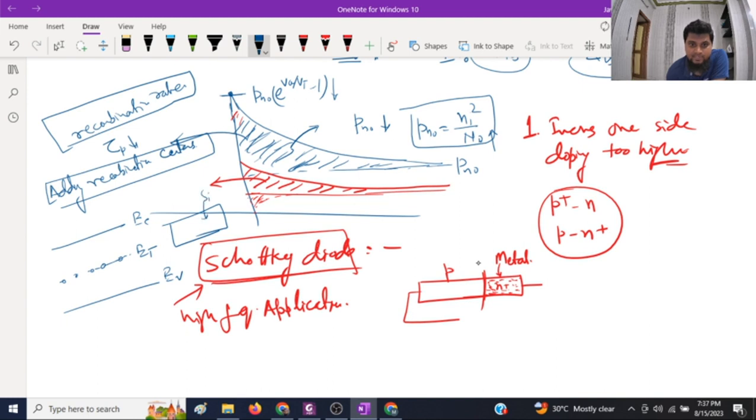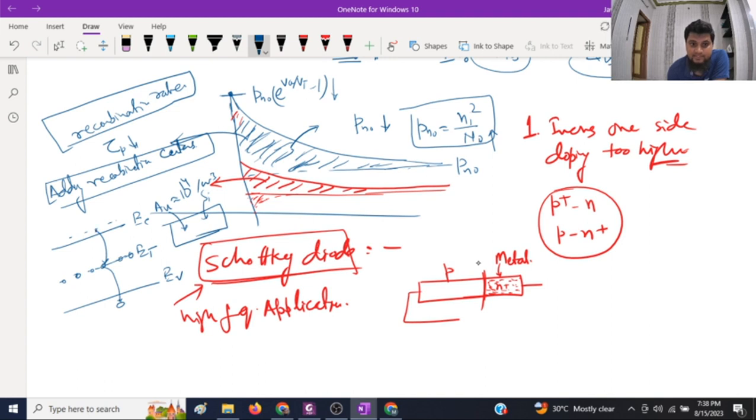In silicon, if you have gold doping of the order of 10 to the power 14 per centimeter cube, they will create a sufficient number of recombination centers where these electrons will fill, and then from here they can combine with holes in the valence band.